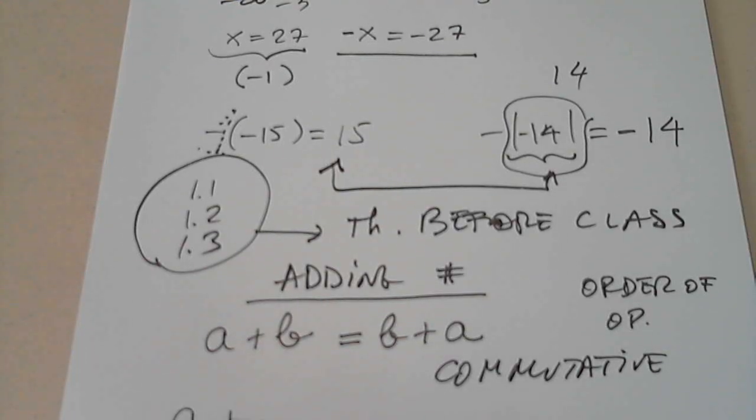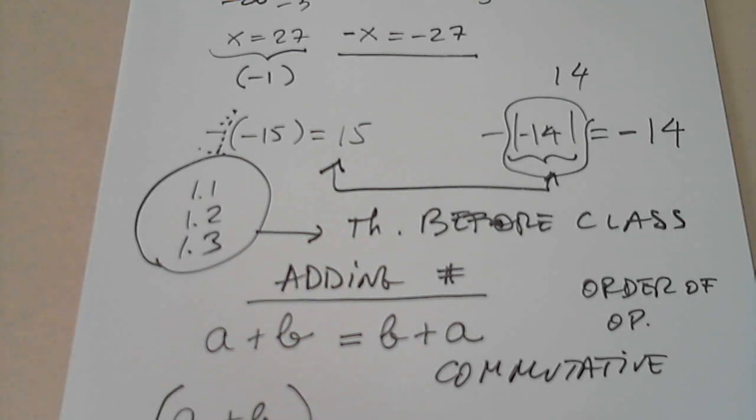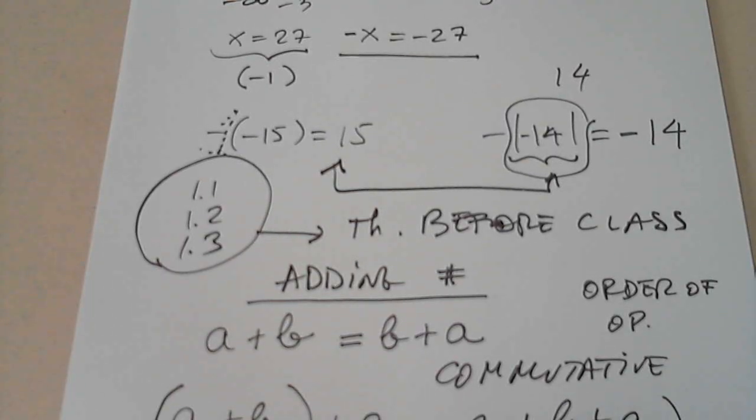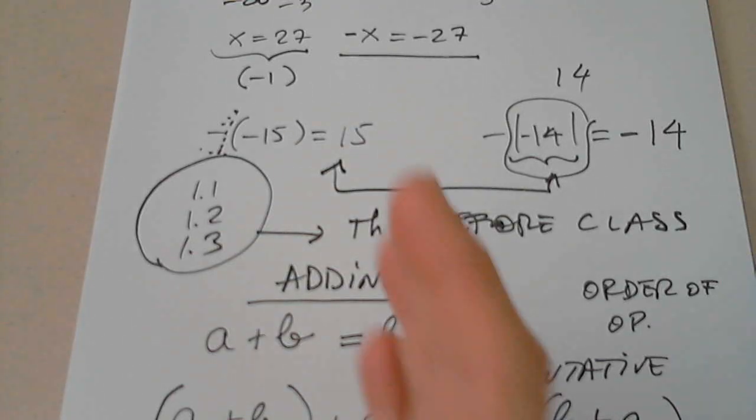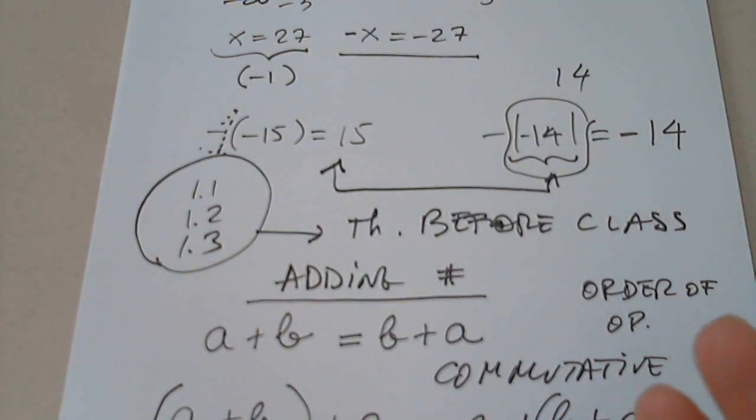Here's another one. A plus B grouped, grouping symbol, plus C is the same with A plus B plus C. So what happens here, I grouped them differently. So first, because I cannot add three numbers instantaneously, I will be adding two numbers. When I'm done, I will be adding the third one.